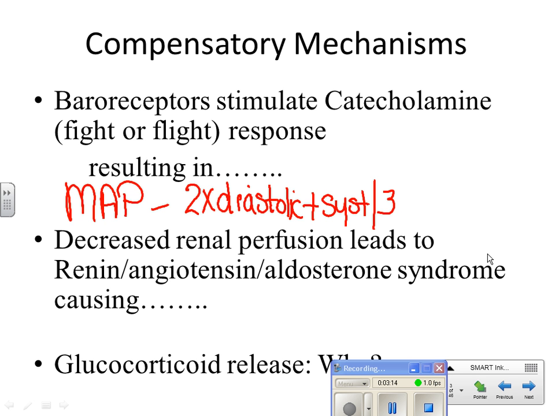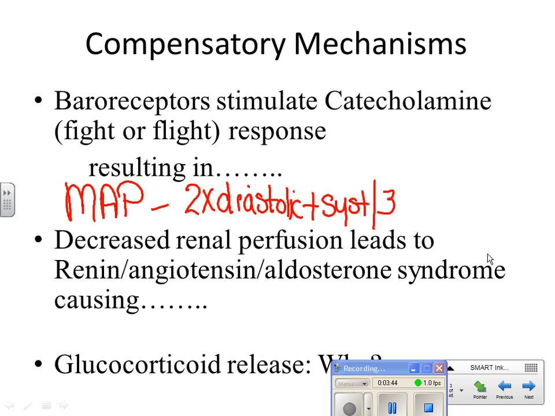And mean arterial pressure just basically is a reflection of how good our blood pressure is, and how well our tissues are perfusing. And what our body wants is our mean arterial pressure to be greater than 60. And when the mean arterial pressure drops, meaning our blood pressure has dropped, then those baroreceptors in the carotid arteries and the aortic arch will kick in the catecholamine fight or flight syndrome.